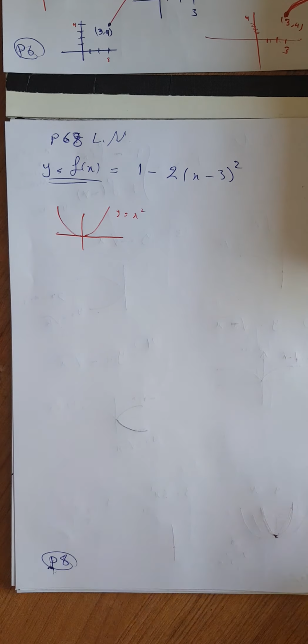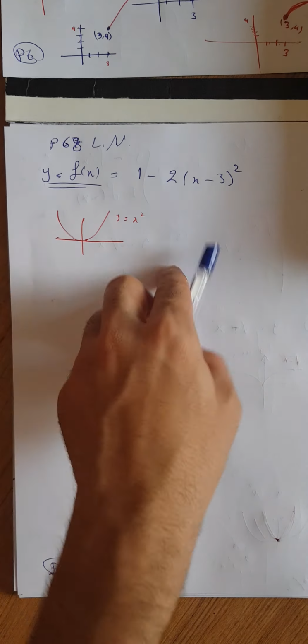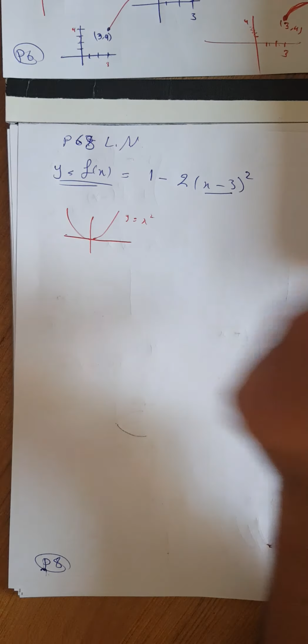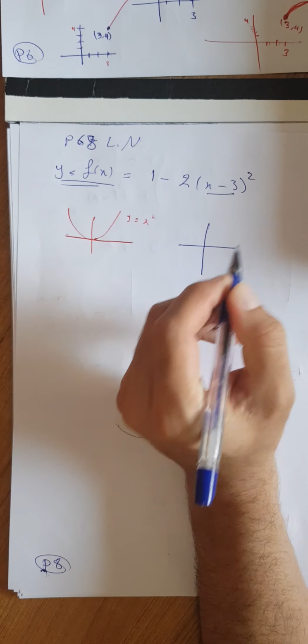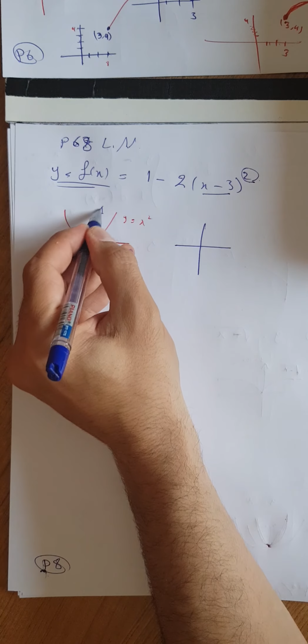Okay, now the original shape here is x squared, like a U. Inside, I have x squared as the shape, the first step.